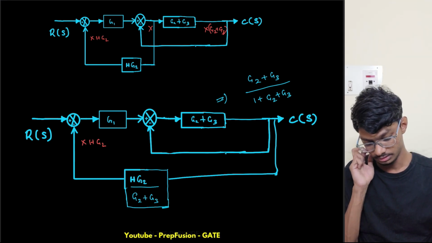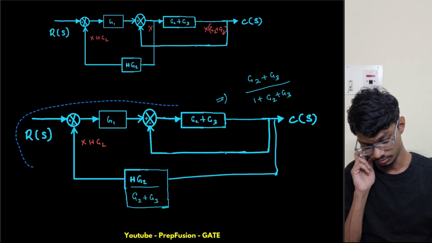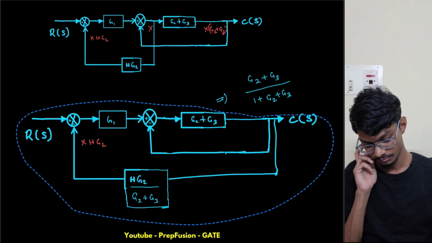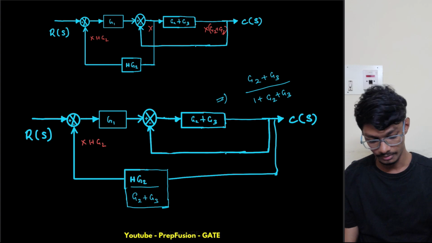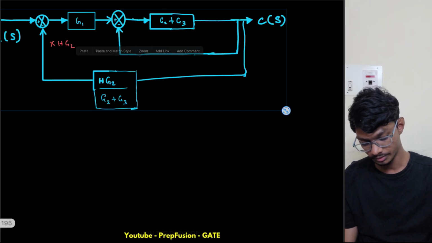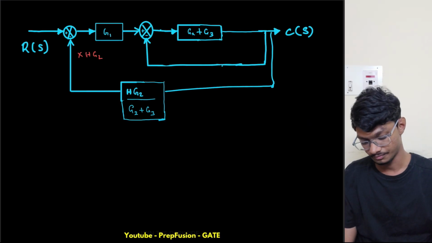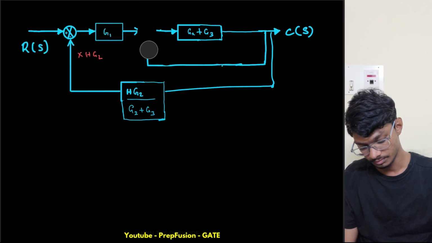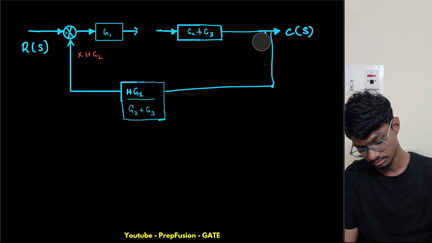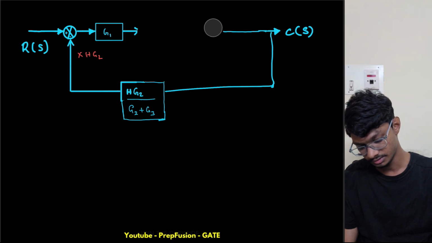Okay, let me draw that so that you will be able to understand. I'm doing this slowly, but you can do it in examination. Obviously you have to do it a bit faster. Okay, so I will replace this with a single block basically.